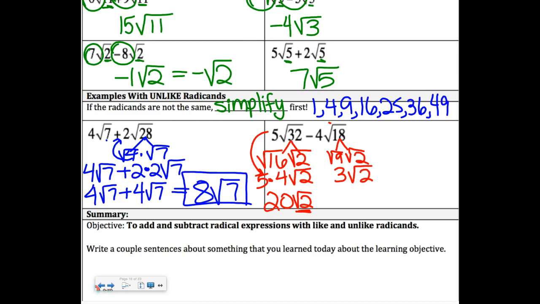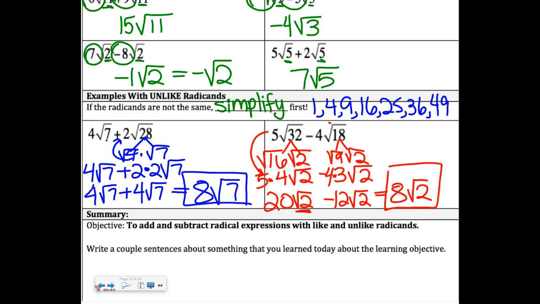We have this 4. I need everyone to notice there is a negative there, so we're going to bring down negative 4 in front here. And negative 4 times 3, that's going to give us negative 12, and the square root of 2. Now that they both have the square root of 2, we're going to take our front numbers and combine them. We have 20 minus 12, which is going to give us 8 square roots of 2. And there we go.